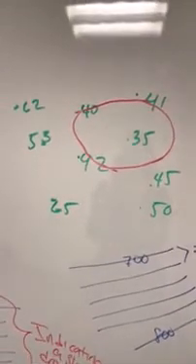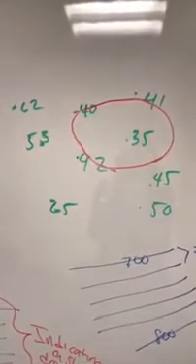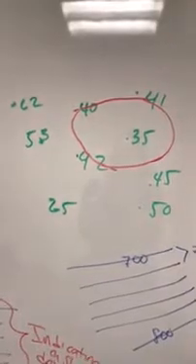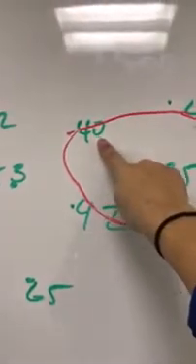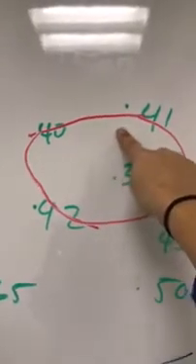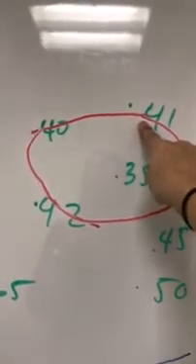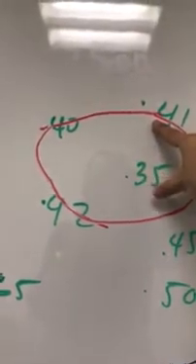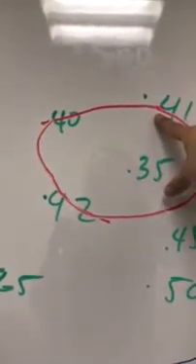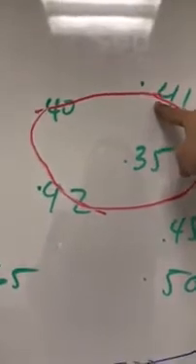So I asked you to get an estimate of where 40 would be. See how I've done it? I started off with a known value of 40. Then I drew it underneath the 41 because it's close to 40, but between 41 and 35 in value. 40 just lies in between those two values.